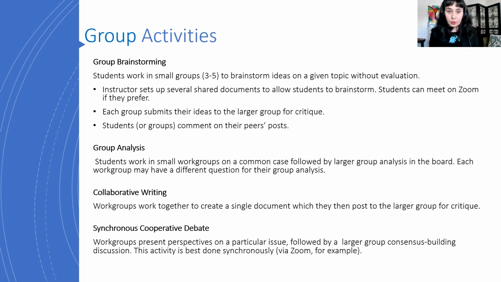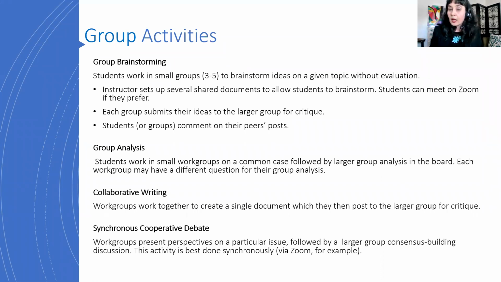First, group brainstorming. You could ask your students to work in small groups, no more than five people per group, to brainstorm ideas on a given topic without evaluation. The way you would set it up, the instructor sets up several shared documents, for example Google Docs, or any other tool available to you, to allow students to brainstorm asynchronously.